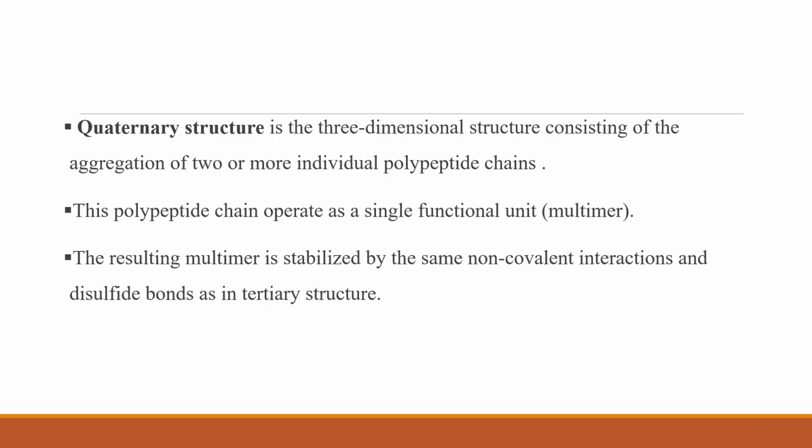Hydrophobic interaction, right? And after tertiary structure, the final type of structure is known as quaternary structure. This is again a three-dimensional structure, and it consists of aggregation of two or more individual polypeptide chains. These polypeptide chains operate as a single functional unit, like hemoglobin.